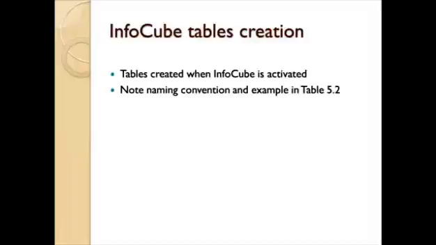We can define up to 13 dimensions, right? Because SAP is going to use 3 out of 16 possible. So for each dimension table, there is a naming convention that we need to be aware of, as described in table 5.2.